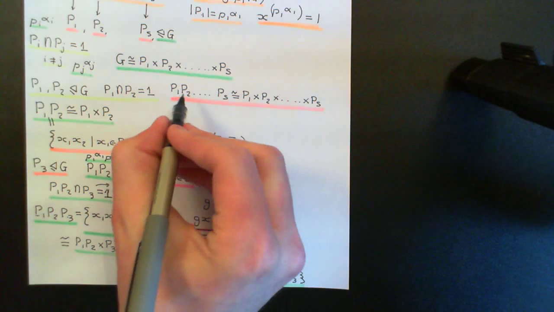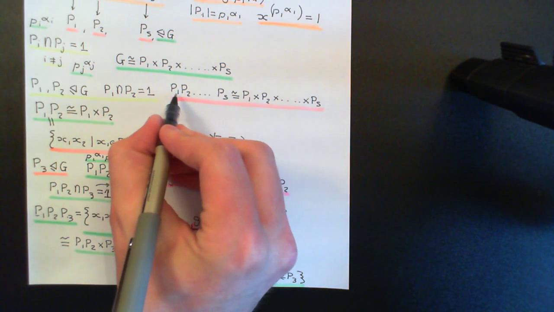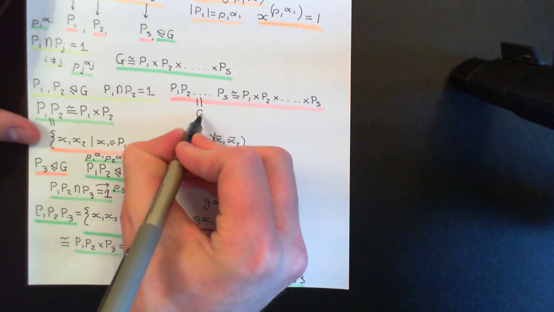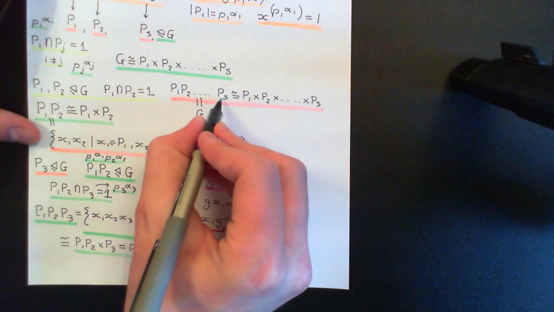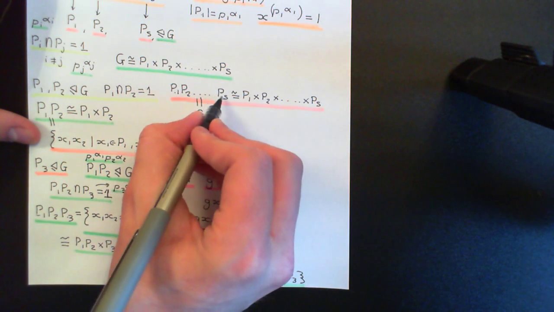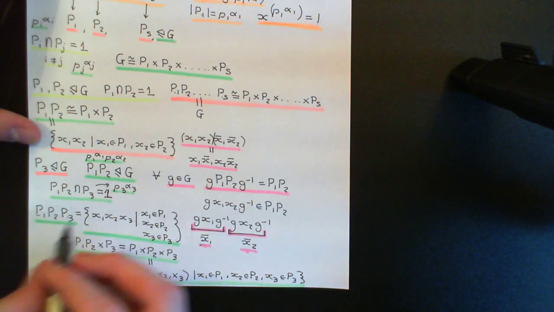Now, think of what the internal direct product of P1 with P2 all the way up to PS is equal to. Well, this is equal to the entire group, because what's the order of this? It's going to be the order of capital P1 times the order of capital P2 all the way down to the order of capital PS.